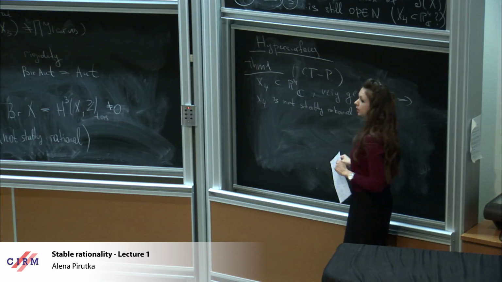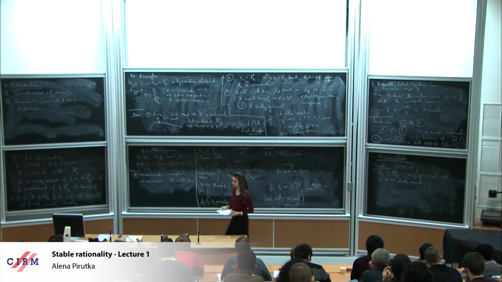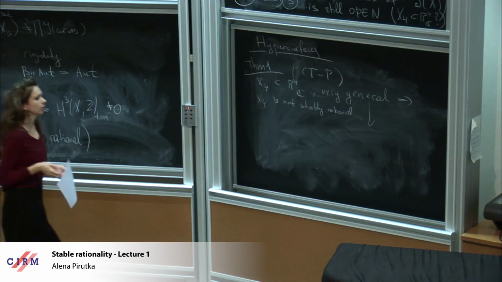So what does very general mean? Well, when I told you general points, you didn't ask what this means, right? Because you know that general means for some open set, right? So I remove some closed conditions.